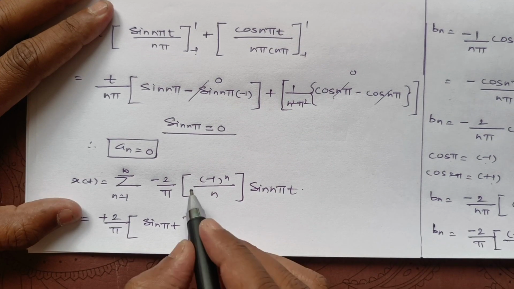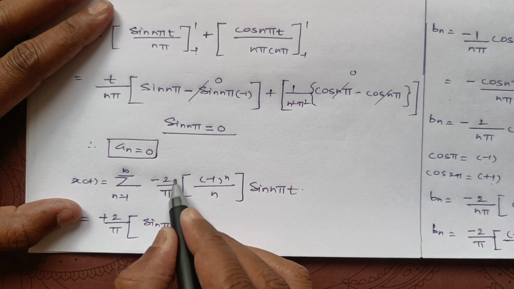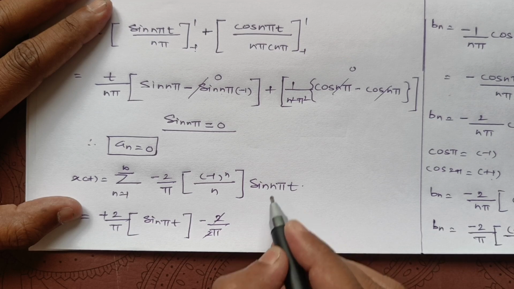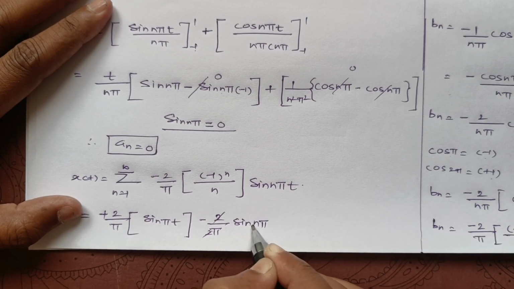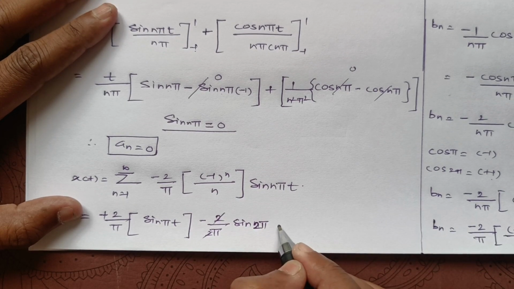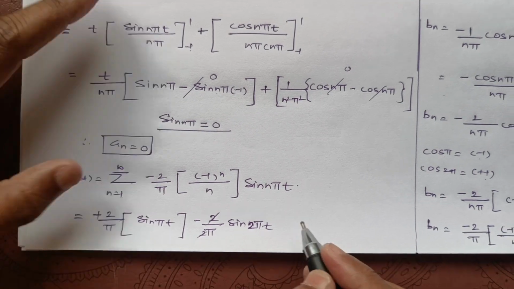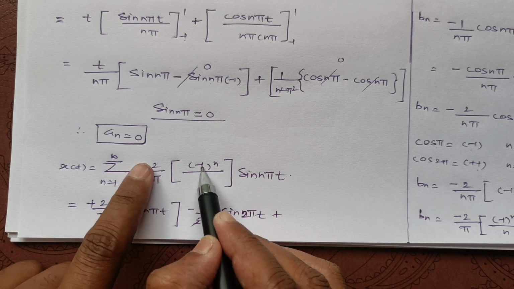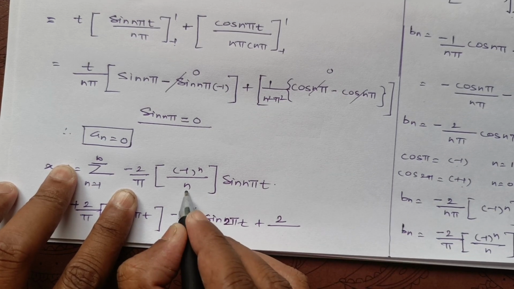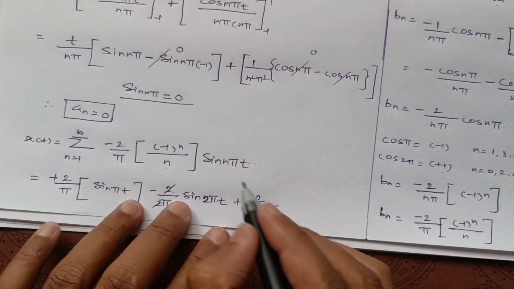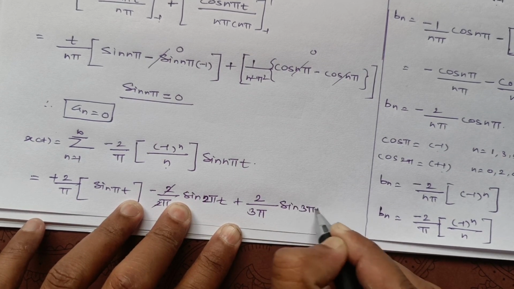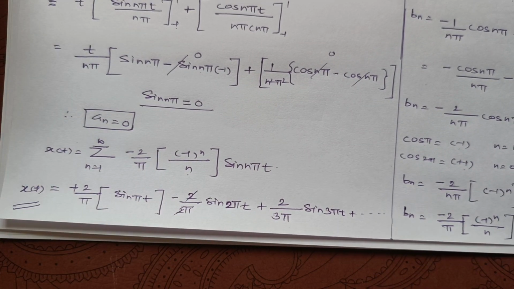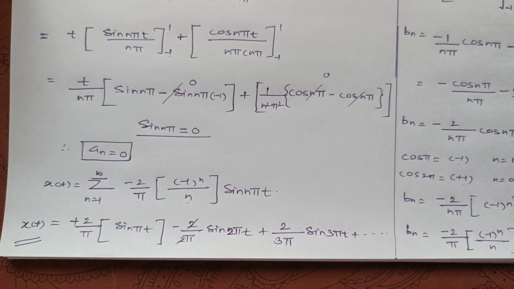If you put 2 here, minus 1 squared is plus 1, so this is minus, so we get minus 2 by pi, n is also 2, so this will cancel and we'll get sin of 2 pi t, because in place of n it is 2, whereas here it was pi t. Plus, if I put 3 in this equation, minus 1 cubed is minus, minus minus is plus, so we'll get 2 divided by 3 pi into sin of 3 pi t, plus so on up to infinity. So this will be our Fourier series representation, that is x of t. So I hope you understood this question also. Thank you.